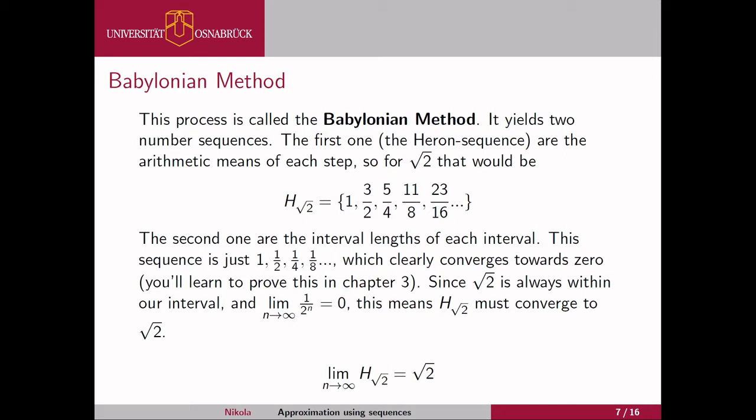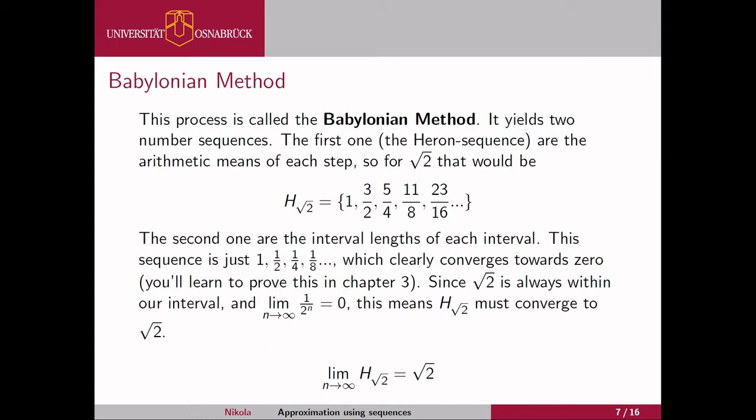So these are the numbers on our number line, which are the arithmetic means of our intervals. It can be debated whether your initial number 1 should be in there or not, but that's really not important. The point is that you just make a sequence out of your arithmetic means.